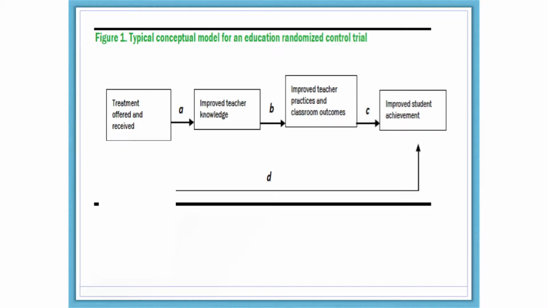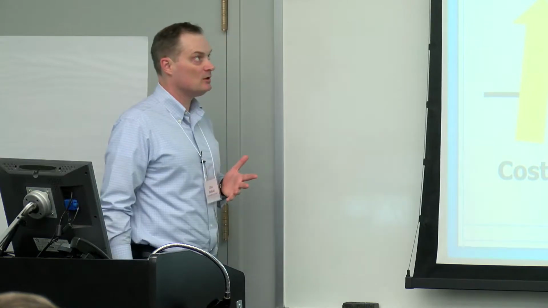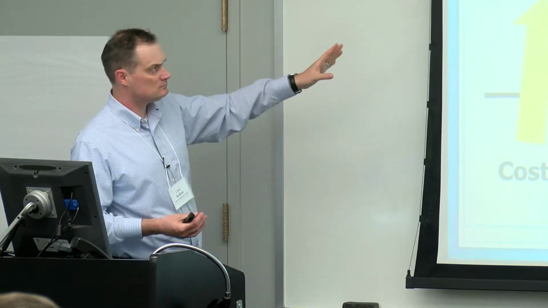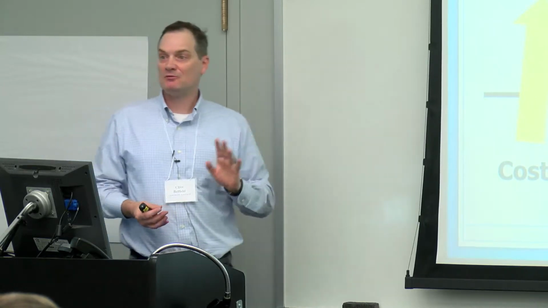Go through each link of the chain to see how cost effectiveness and benefit cost analysis fit into this. So obviously when we're thinking about the costs, we're thinking about the costs of the treatment. So what do we need to implement? What resources are we going to use to implement this treatment? Whatever it is, it looks like professional development for teachers.